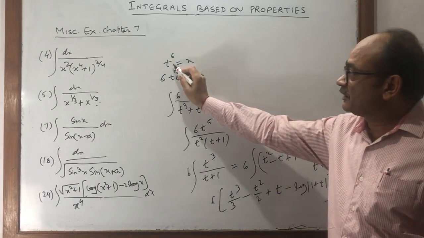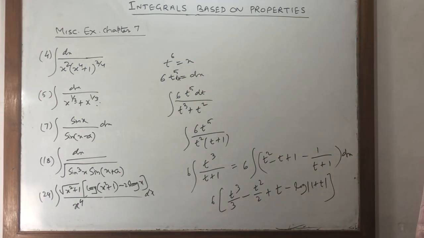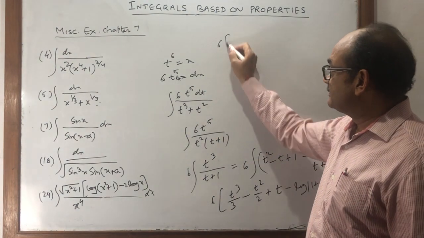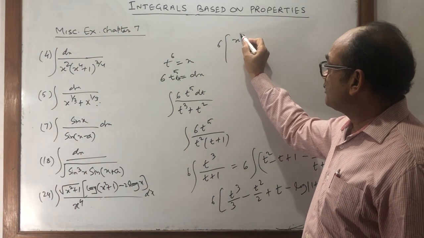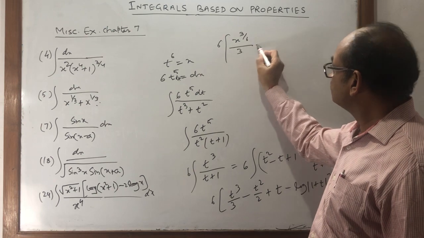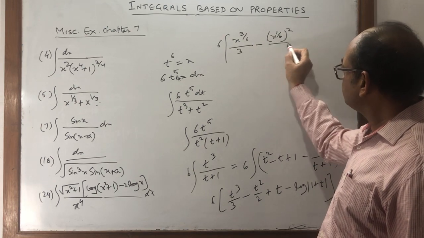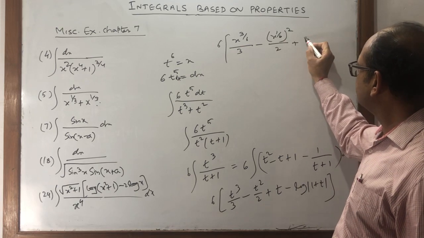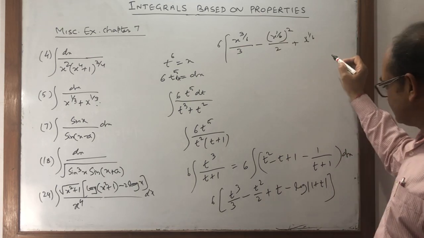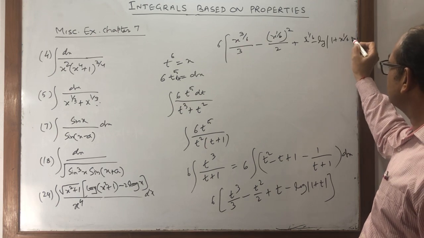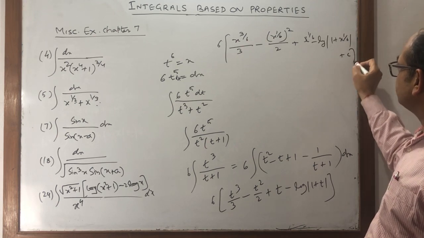T is nothing but x to power 1/6. So here we write t means x to power 1/6, and x to power 1/6 minus log 1 plus x to power 1/6 plus c.